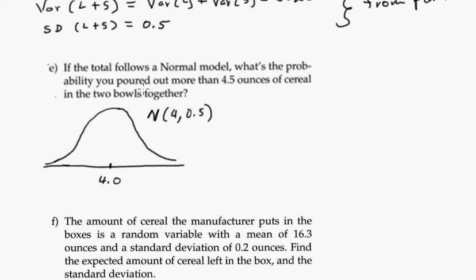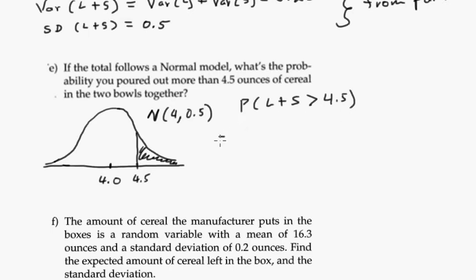Okay, so what's the probability you pour out more than 4.5? So what's the probability that L plus S is greater than 4.5? Well, 4.5 is going to be one standard deviation away.